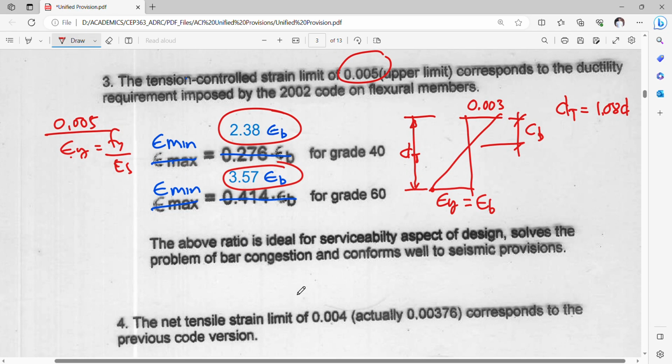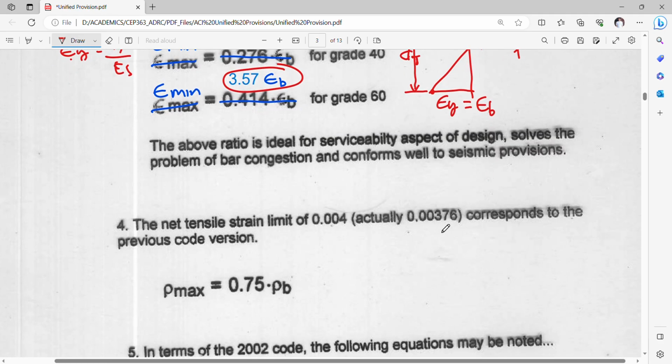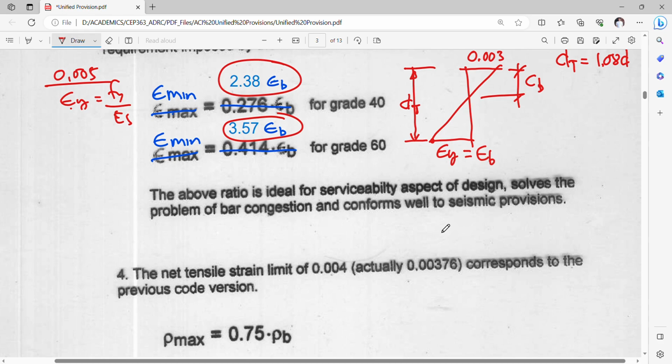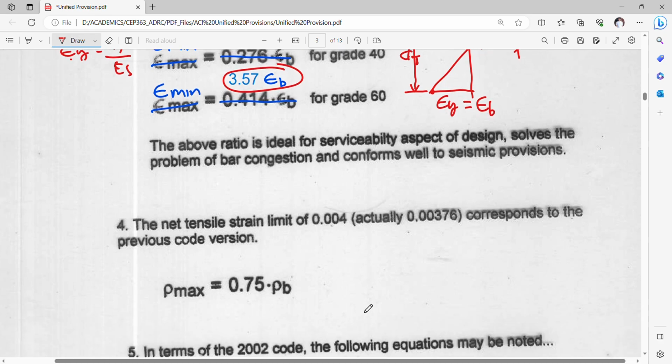So the above ratio is ideal for serviceability aspect of design and solves the problem of bar congestion and conforms well to seismic provisions. Okay? So the net tensile strain limit of 0.004 on the other hand, which is actually 0.00376, corresponds to the previous code version of rho max equal to 0.75, right?